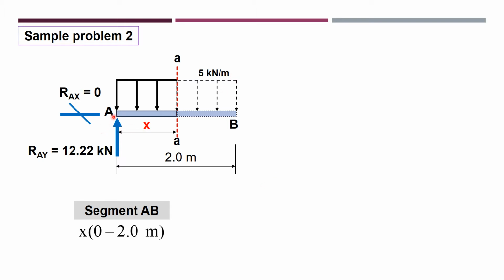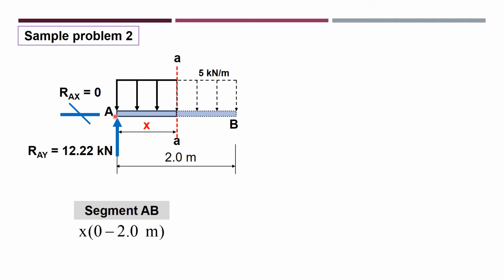So dito sa segment AB, since meron tayong uniformly distributed load, kung ano lang yung distance nito na merong distance na, or ibig sabihin yun nasakop lang ng x distance, yun lang ang gagamitin mo para sa summation ng vertical forces. Kasi in the original beam or loading, ito yung segment AB with distance of 2 meters.